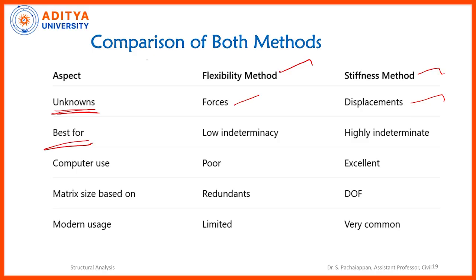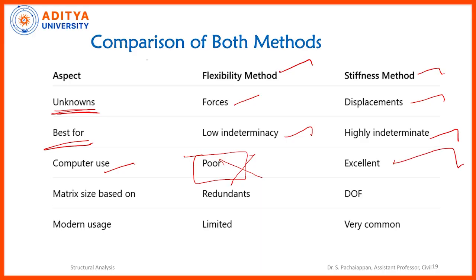Flexibility matrix methods are best for low indeterminacy, where the number of unknowns is less. Stiffness matrix methods are used for highly indeterminate structures, where the number of unknowns is very, very high. For computer use, we won't prefer the flexibility matrix method, we use the stiffness matrix method for computer applications.